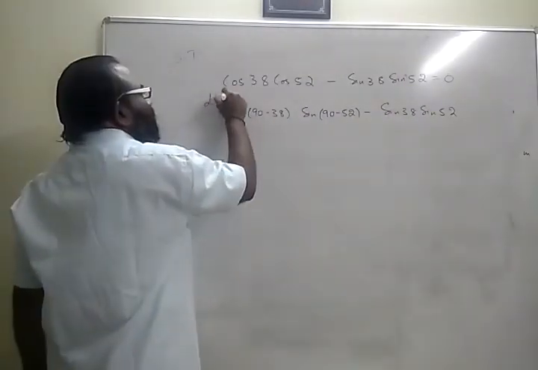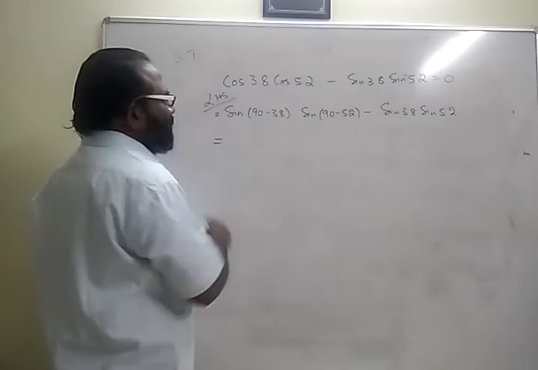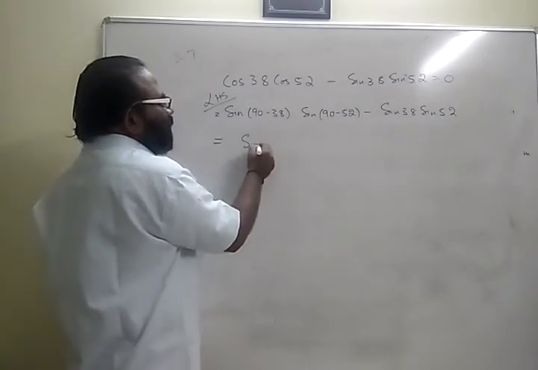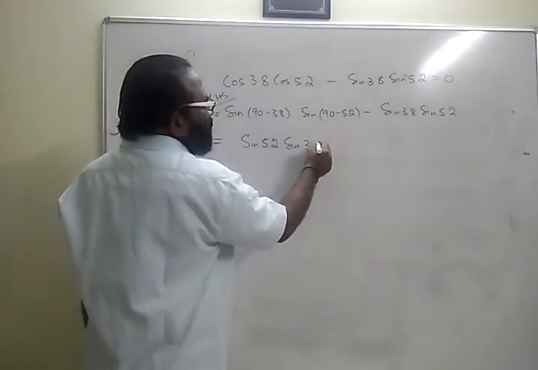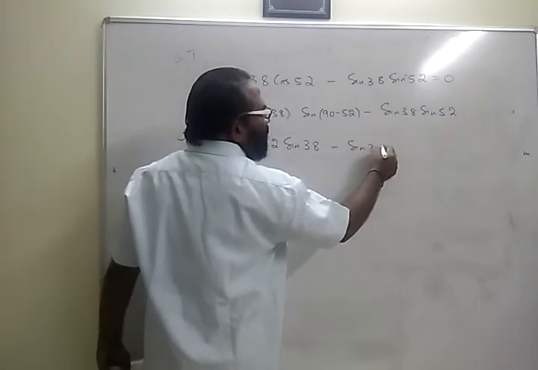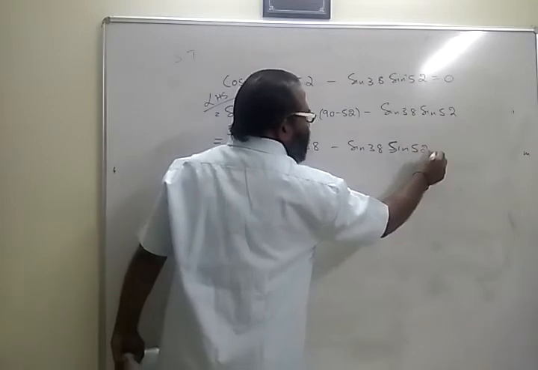So the left hand side, let's write it. Now this sine 90 minus 38 is sine 52, and this becomes sine 38, minus sine 38 sine 52. It's the same value.